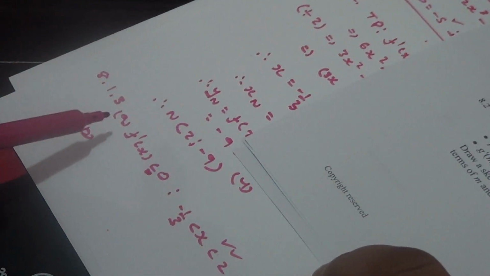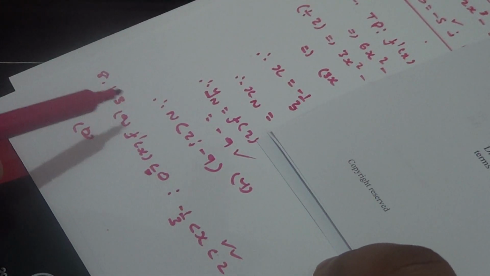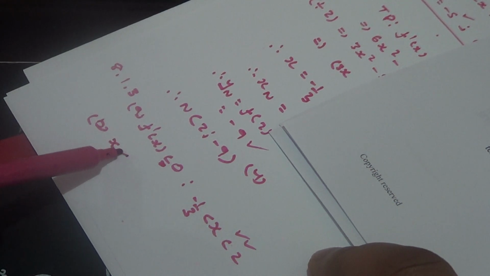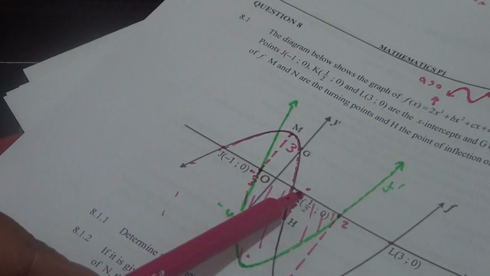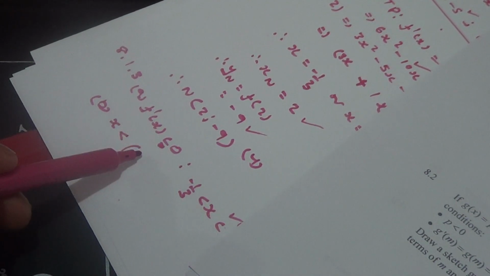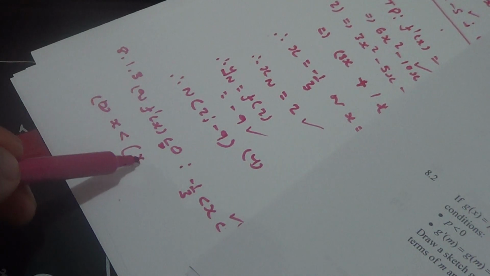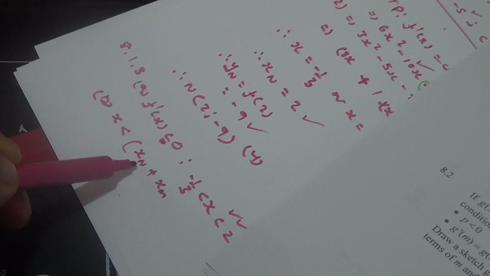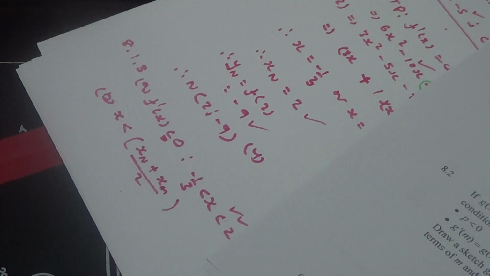So here you can say this is going to be a situation where x is less than, because we want a number less than that value, right? Is less than what? Is less than x at n plus x at m over 2, isn't it?